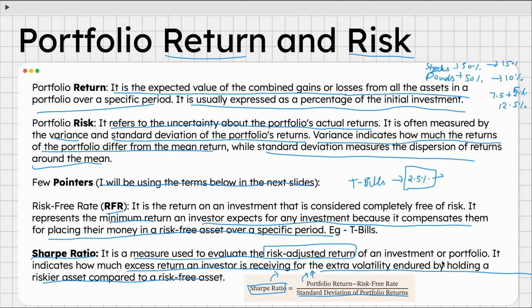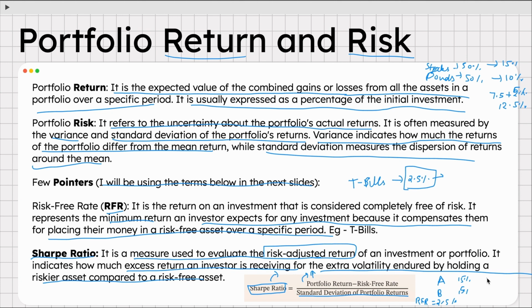So let's say you have two portfolios, A and B. Both of them have a risk of 15%, and let's say the risk-free rate, RFR, is 2.5%.